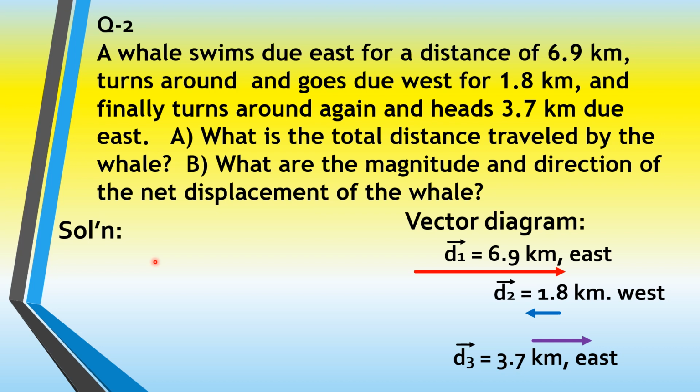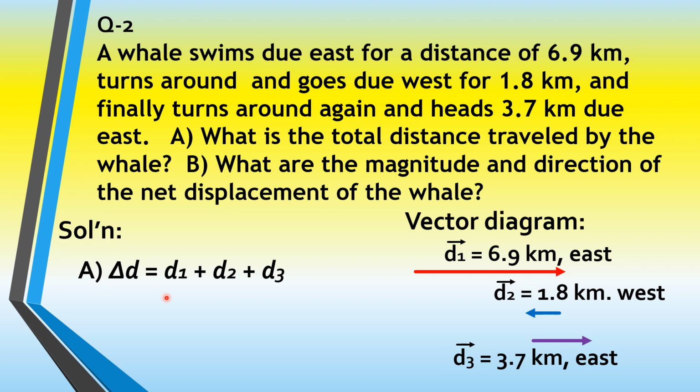And so, question letter A, what is the total distance traveled by the whale? So we just add the three distances regardless of their directions. As a scalar quantity, distance only refers to the magnitude of the change in position of a body without taking into account its direction.